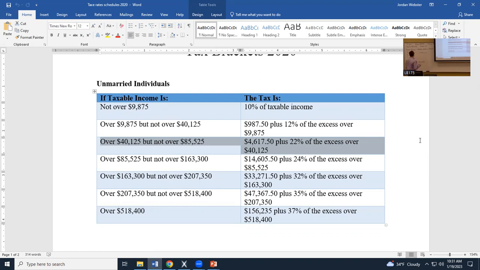So the tax is going to be 4,617.50 plus 22% of the excess over $40,125.